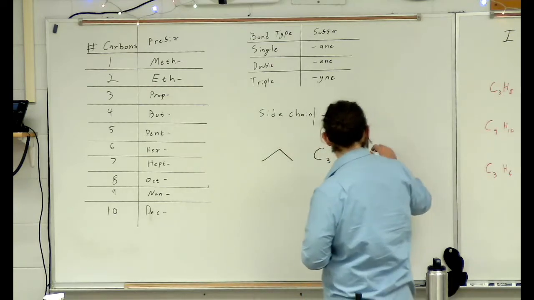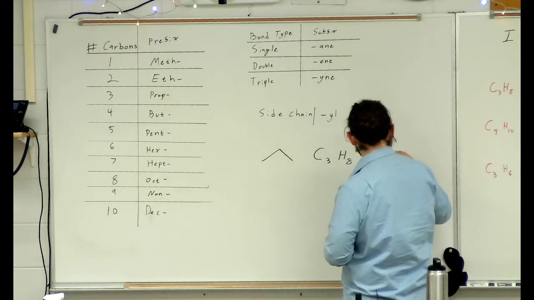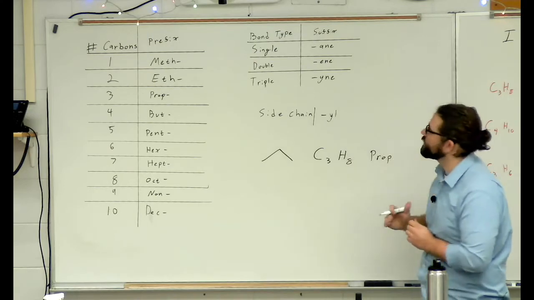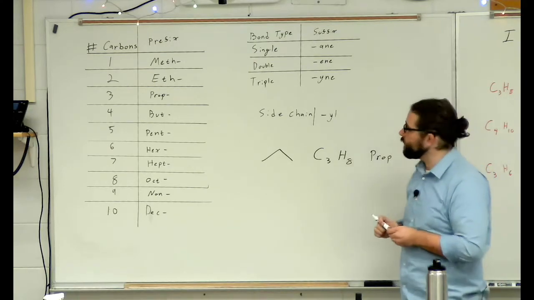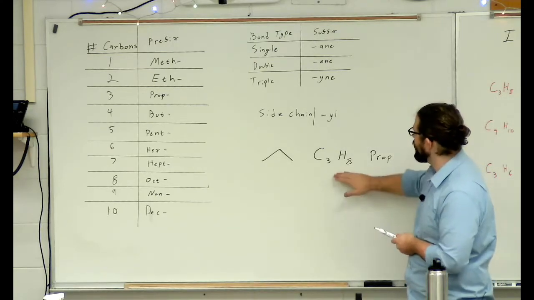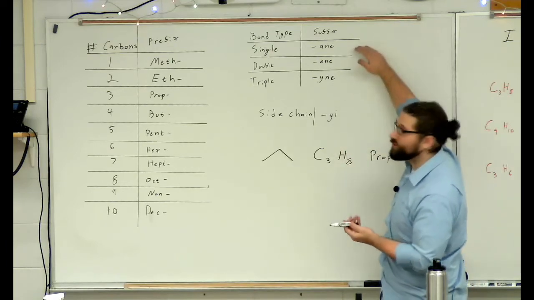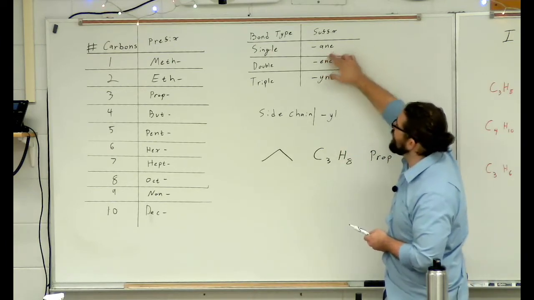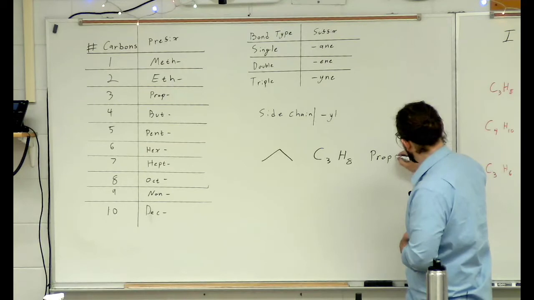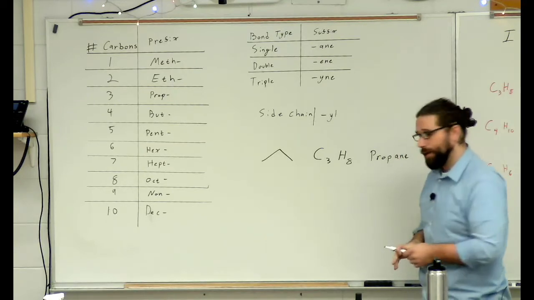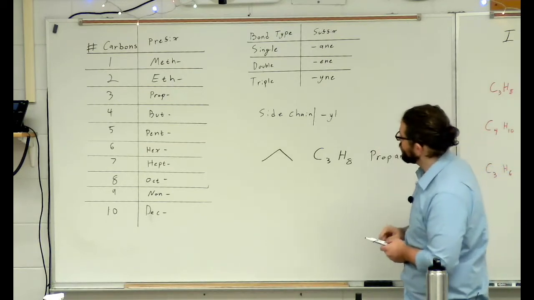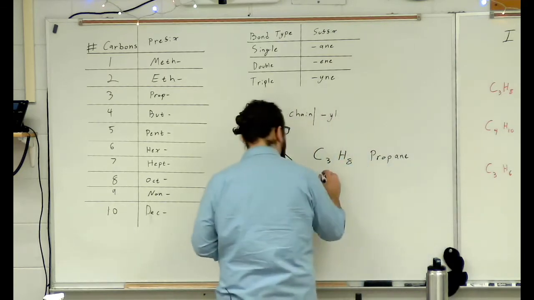So this will be prop, and then I need a suffix. I need to end this word with something. In order to do that, I just look at the types of bonds in my carbon chain. I only have single bonds, so I'm going to end it with an ane. So propane. Okay?